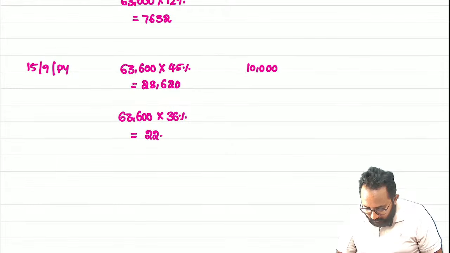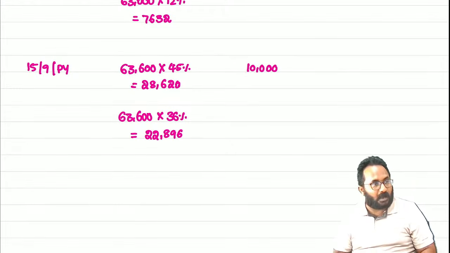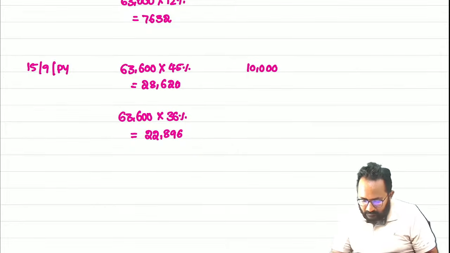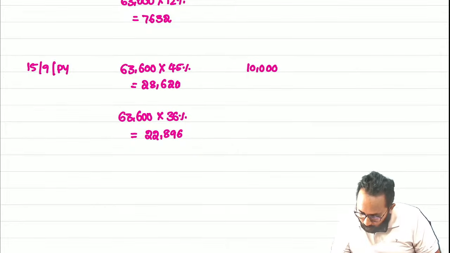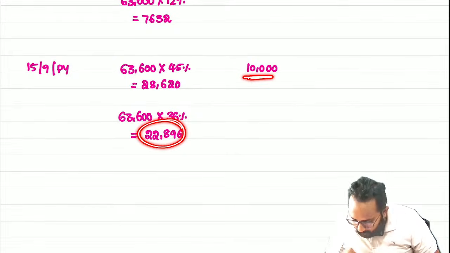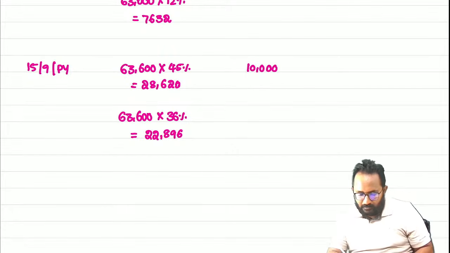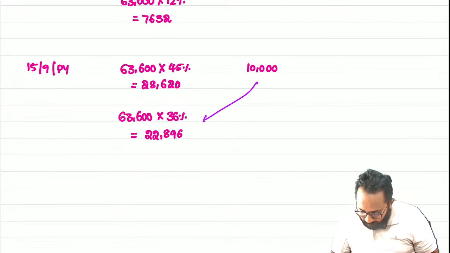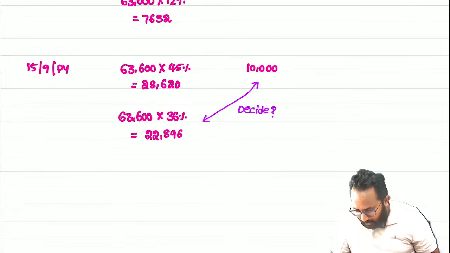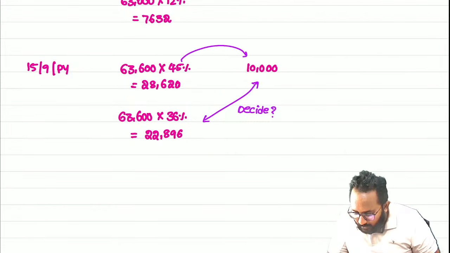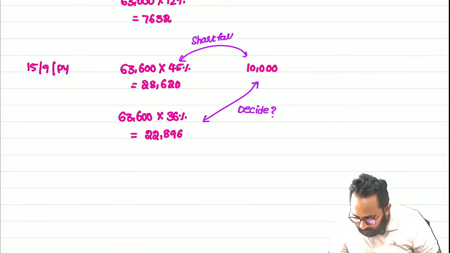Remember, is it short payment or fully paid? Short payment. At least you have to pay this one, but you paid only 10,000. Shortfall is there or not? For deciding whether the shortfall is there or not, please compare these two.